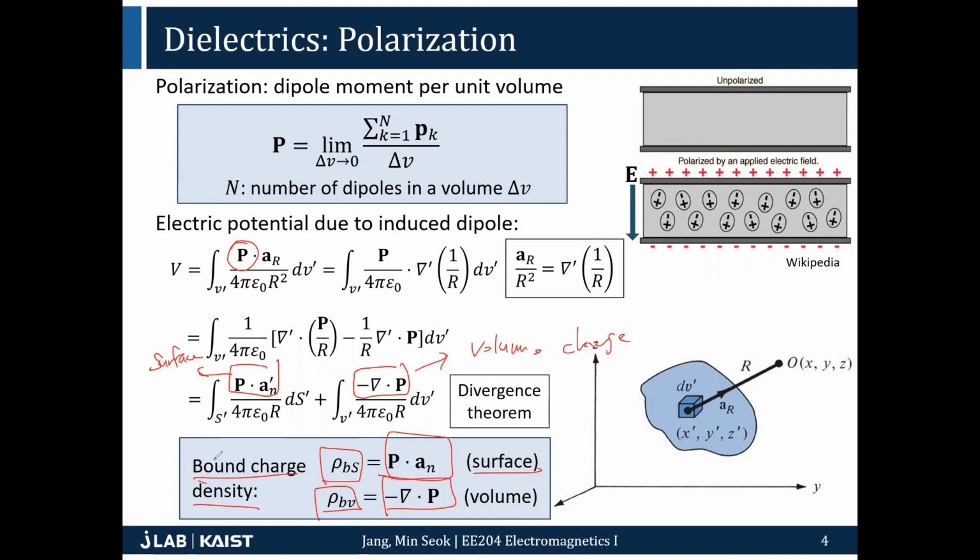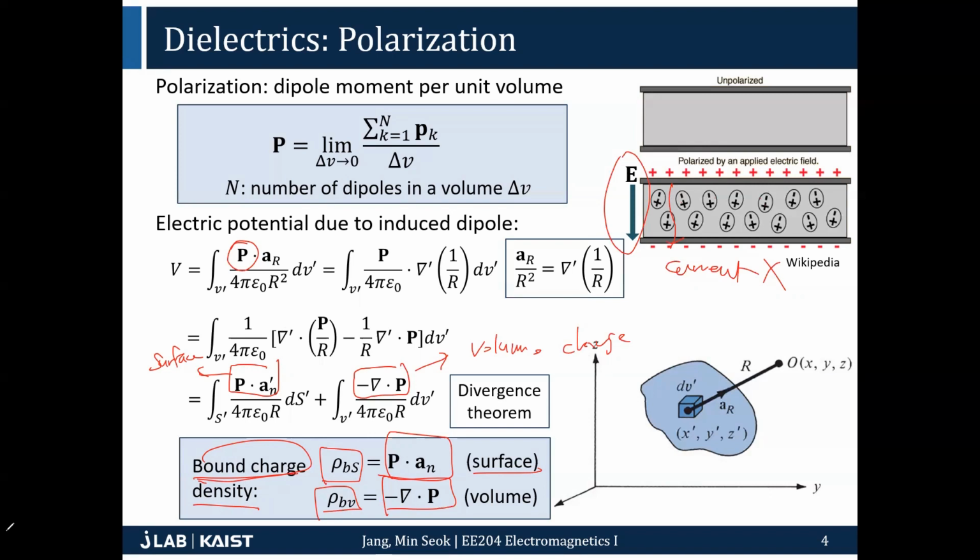The reason why it's called bound is because it's not a free charge, it's a bound charge. If you apply the electric field, this material doesn't allow you to have a current, right? There's no current flow. Instead, your material becomes polarized, and then acts as if you have a surface charge and volume charge. And this is called bound charge densities.